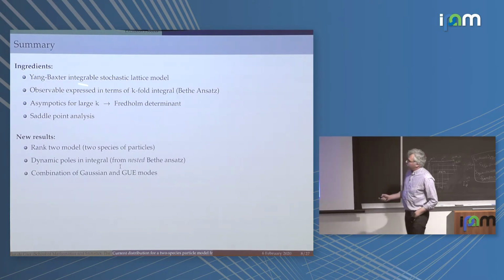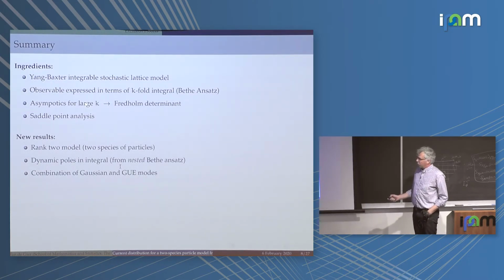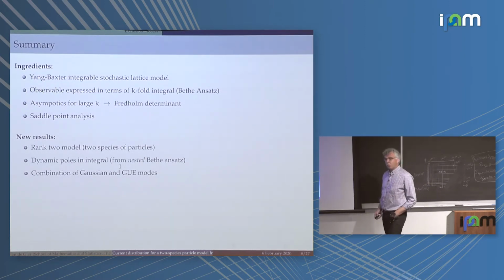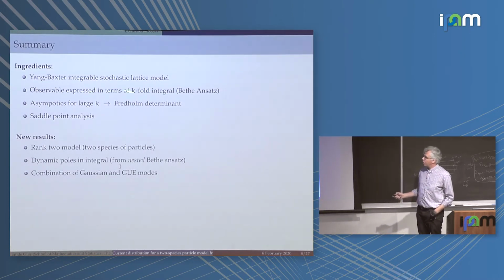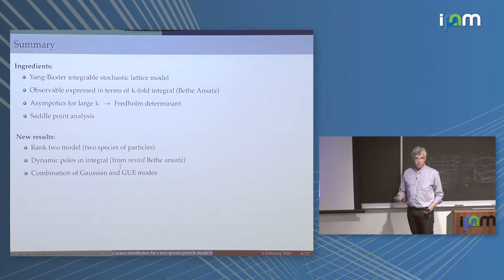That allows you to do this second dot point. They express certain observables, not all. It's sort of an art form to find the right observable. For certain observables, you can express the expectation in terms of a k-fold integral using essentially Bethe ansatz type methods.